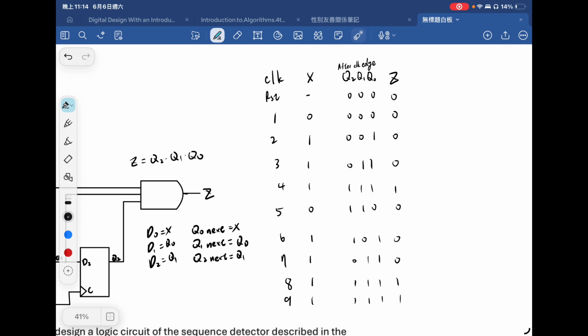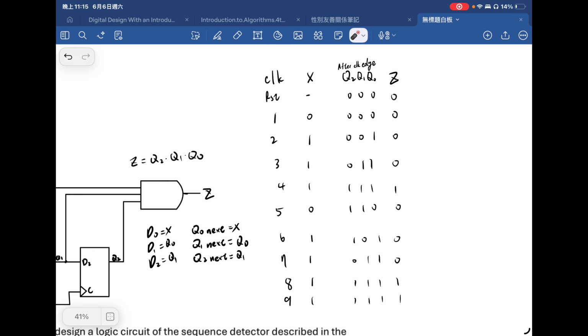And next, I will use this table to verify that the operation of the circuit is right. At the beginning, after the reset, the flip-flops are all cleared to 0. So we have Q2, Q1, Q0 as 0, 0, 0, and the output is 0.